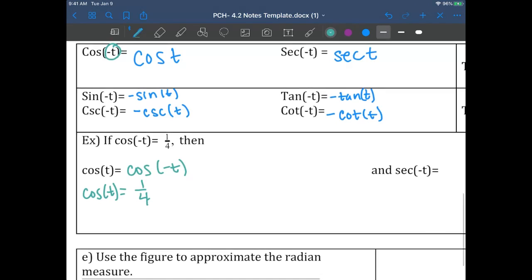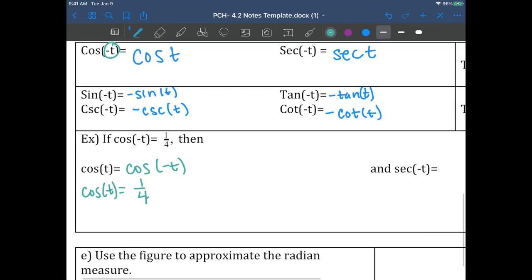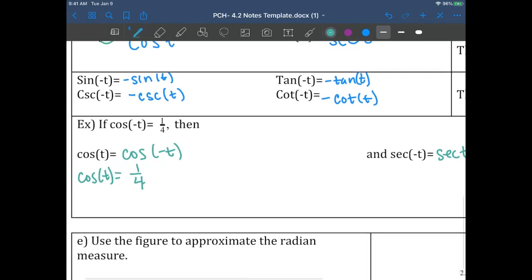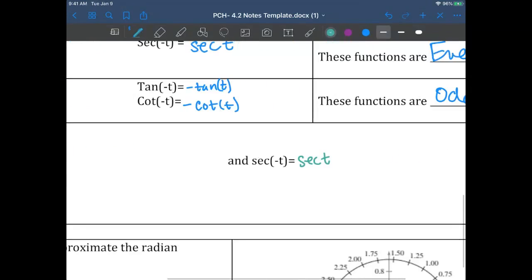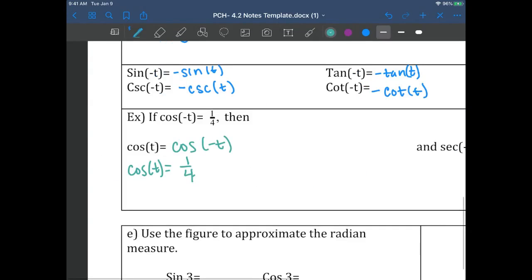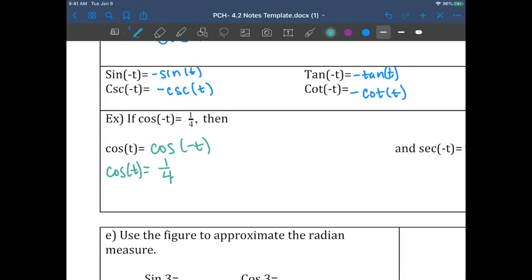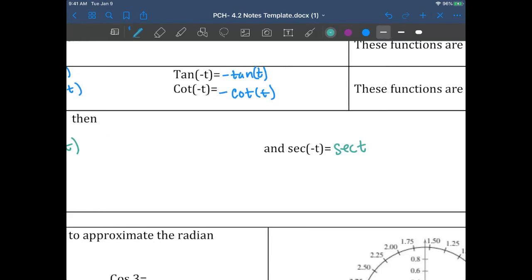So if the secant of negative t is equal to the secant of positive t, then I just remember that secant and cosine are reciprocals. So the secant of t is equal to 4. And so the secant of negative t would equal 4. So it's just the reciprocal of cosine as well at that point.